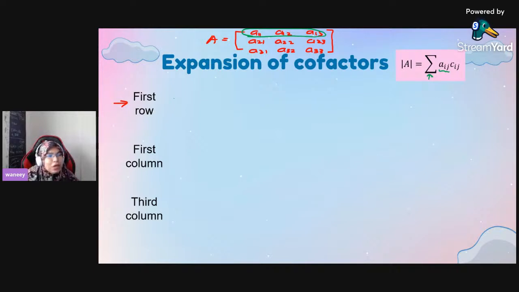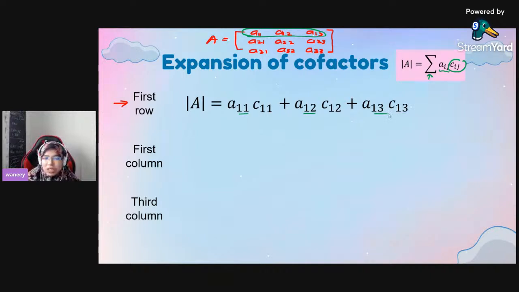I write down the entries in my first row, A11, A12, A13. Next, you have to write down the cofactor, the same numbers: C11, C12, C13. So the formula to calculate the determinant by expansion along the first row is A11 C11, A12 C12, A13 C13.